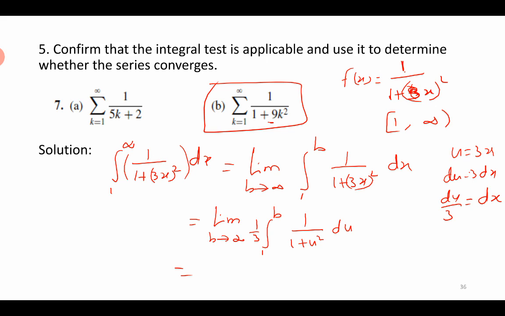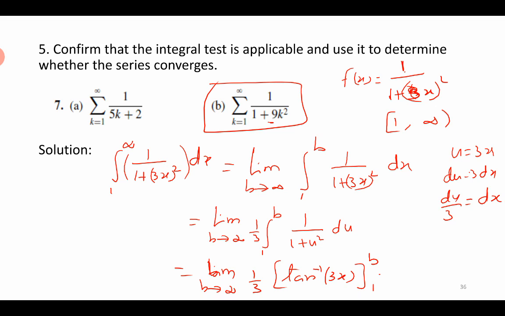Now, the limit as b goes to infinity of 1 over 3, and when you integrate this, it is tan inverse u. What is u? u is 3x. Tan inverse u, and it is from 1 to b.